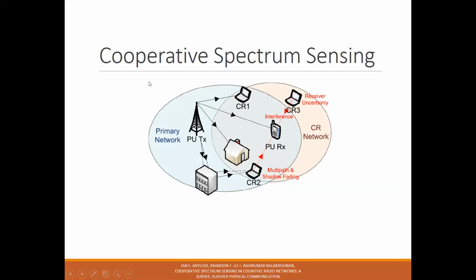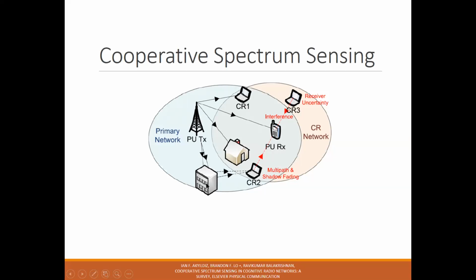To estimate the spectrum, it should get access to the primary user signal, right? For example, this CR2, even though it is in the coverage of the primary transmitter, is affected by shadowing from a house or a tall building that blocks the line of sight. So it is only getting reflected or scattered signal copies from another building.